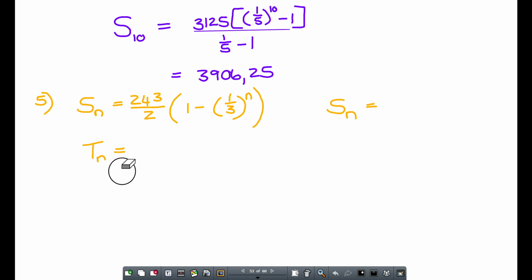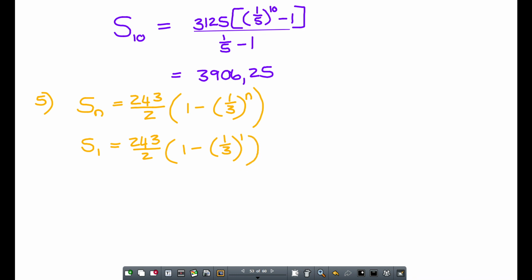Kom ons maak gou so. Kom ons kry eers vir term 1. The sum of 1 will then be, want ek wil nou die eerste term kry. So die mag 1. Okay, so that's going to give me 81.